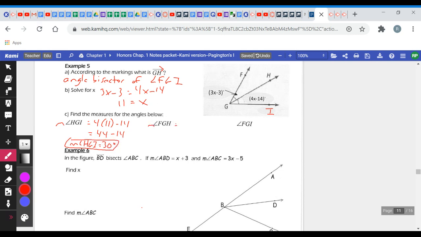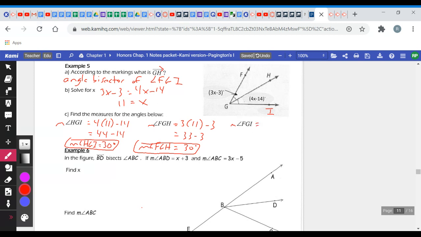And the measure of FGH is 3x minus 3. So I've got 3 times 11 minus 3, 33 minus 3. So measure of angle FGH has to be 30. Okay. And then from there, I've got the measure of angle FGI.